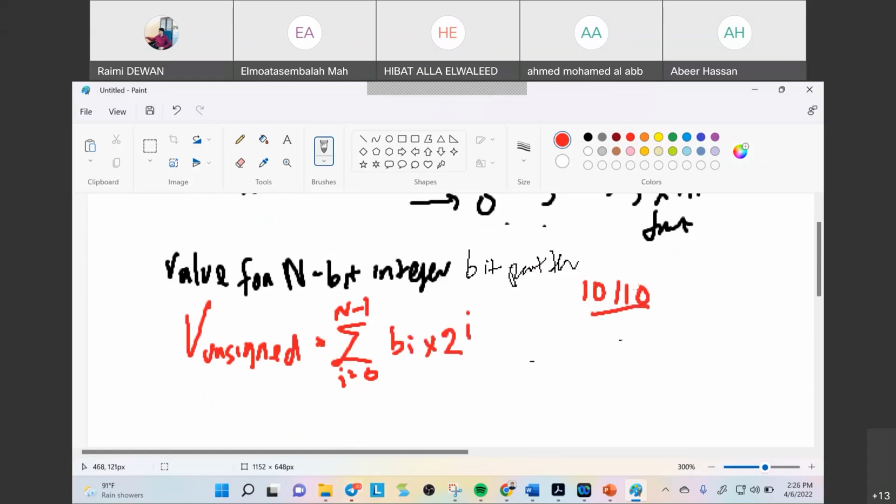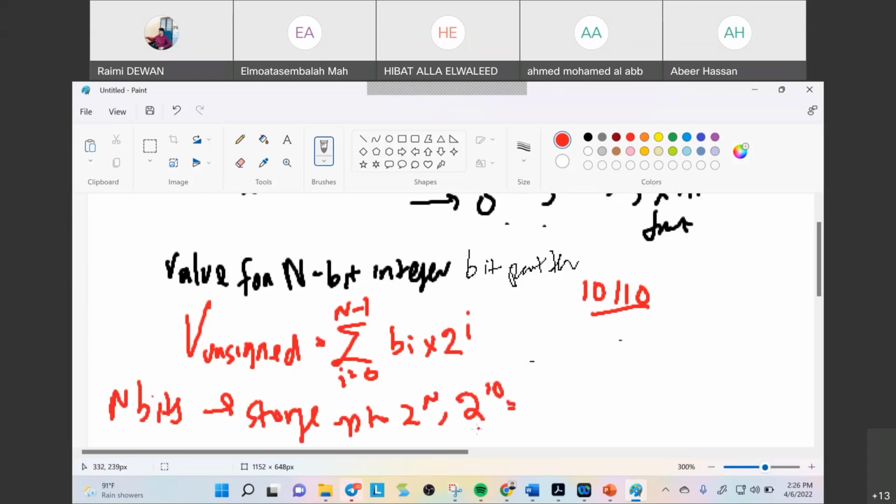The number of bits determines the maximum combination of information. N bits allow storage up to 2^n. So if you have a 10-bit system, you have 2 to the power of 10.